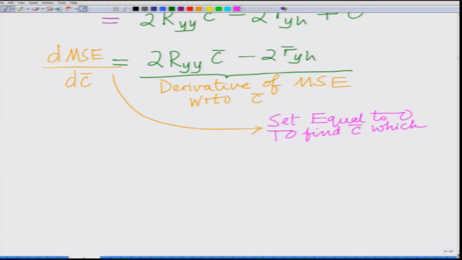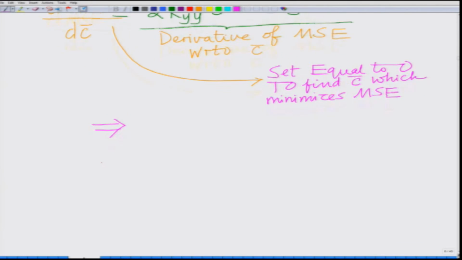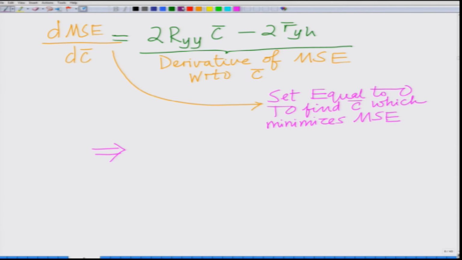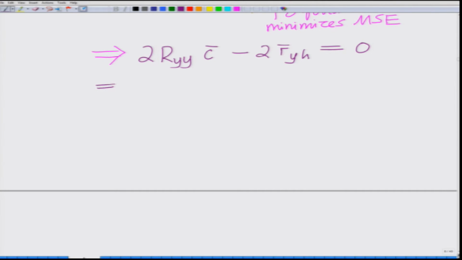This basically implies that the derivative, 2 R yy C bar minus 2 R bar yh, is equal to 0. This implies that R yy C bar equals R bar yh.